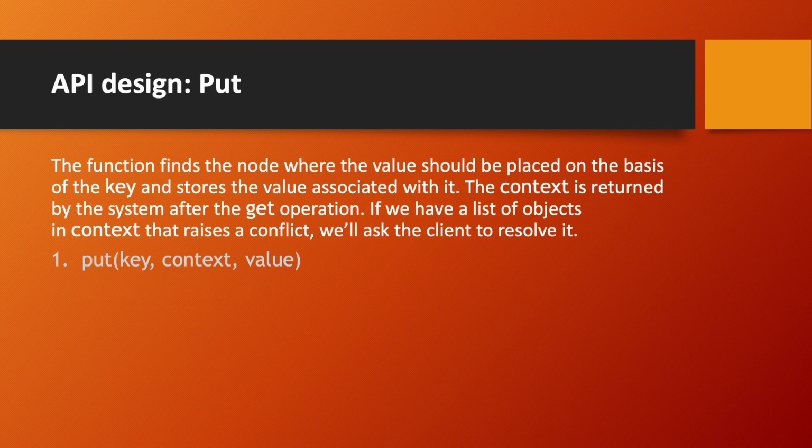The second is put. This function finds the node where the value should be placed on the basis of the key and stores the value associated with it. The context is returned by the system of the get operation. If we have a list of objects in context that raises a conflict, we ask the client to resolve it. In general, the context is the metadata. So the API takes a key, a value, and the metadata and stores it reliably.